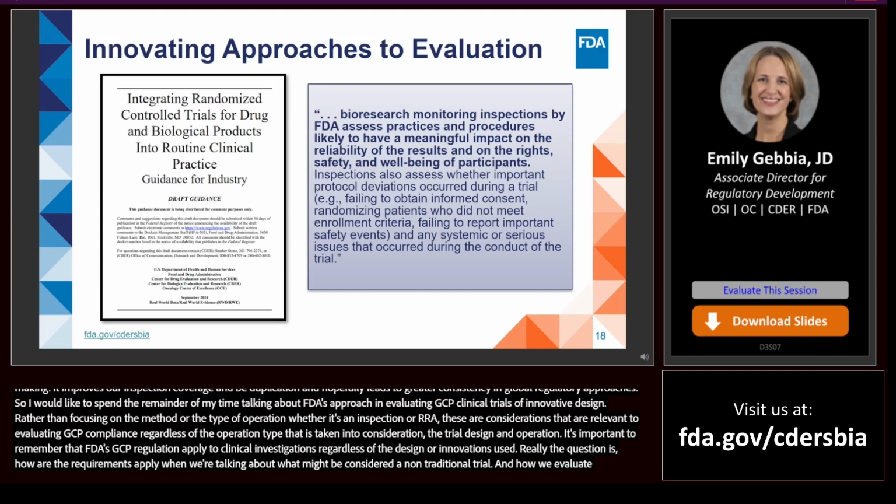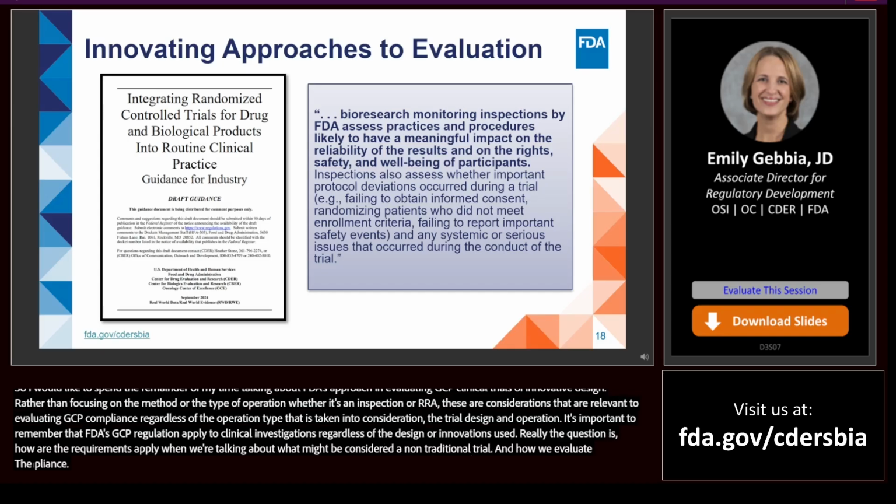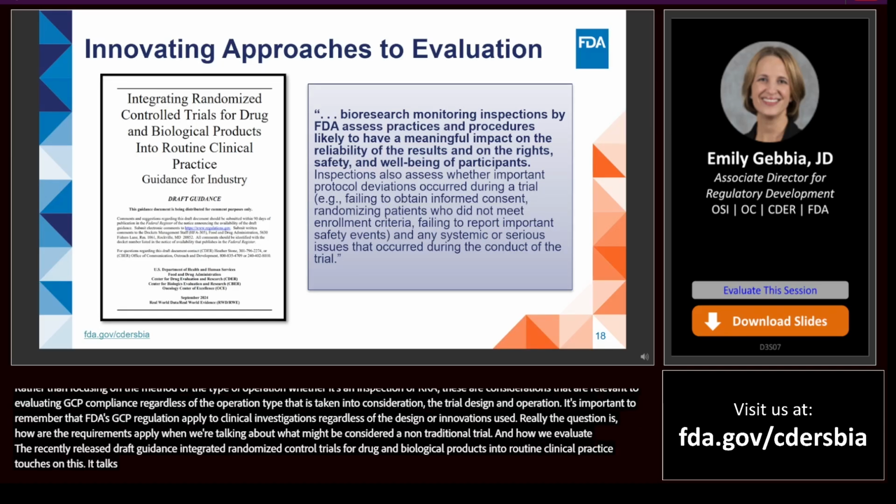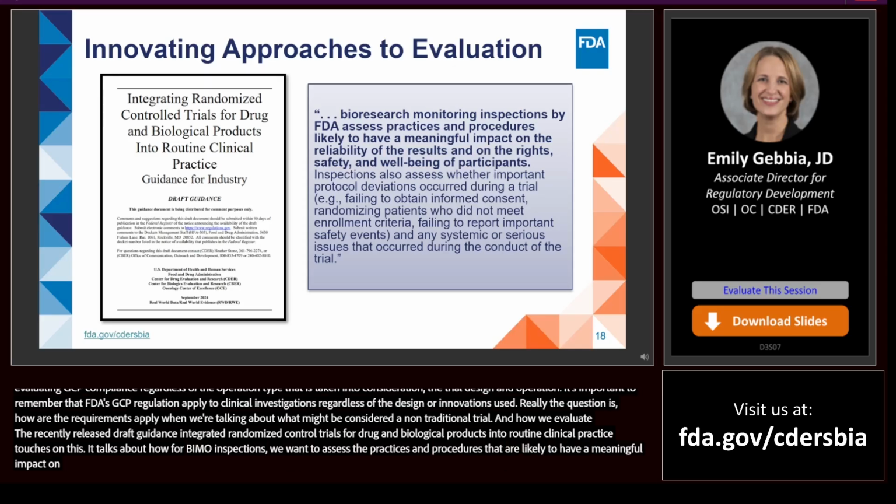The recently released draft guidance on integrating randomized controlled trials for drug and biological products into routine clinical practice touches on this. It talks about how for BIMO inspections, we want to assess the practices and procedures that are likely to have a meaningful impact on the reliability of the results and on the rights, safety, and well-being of participants.